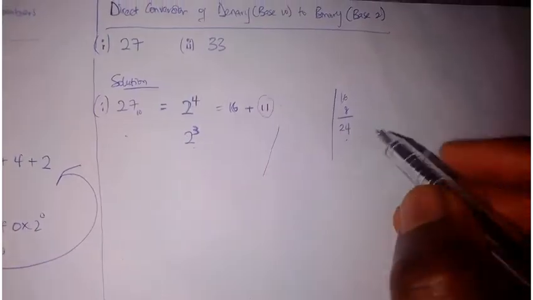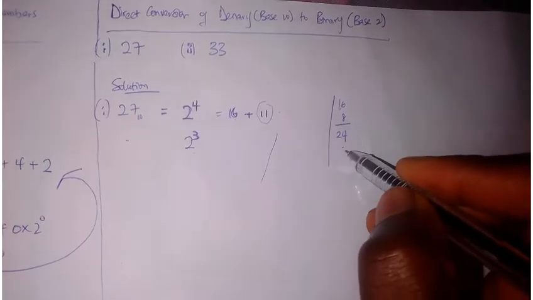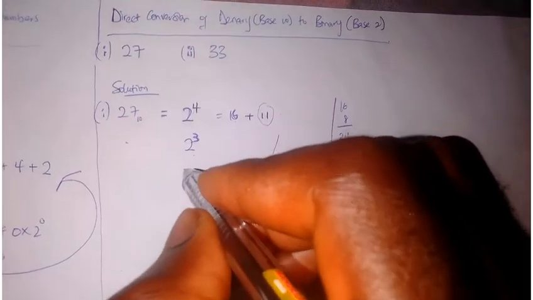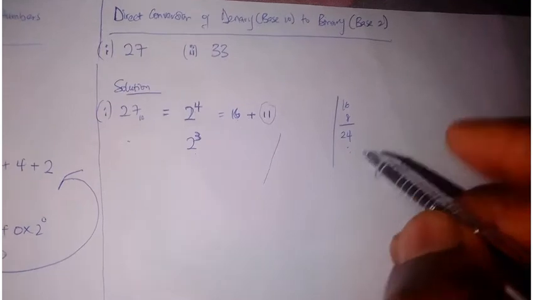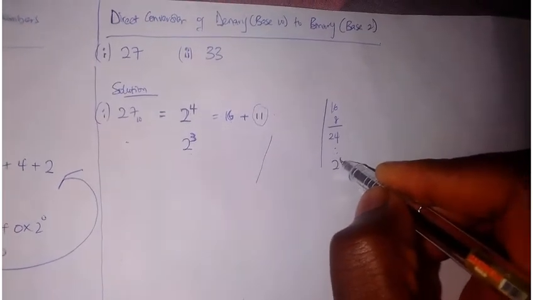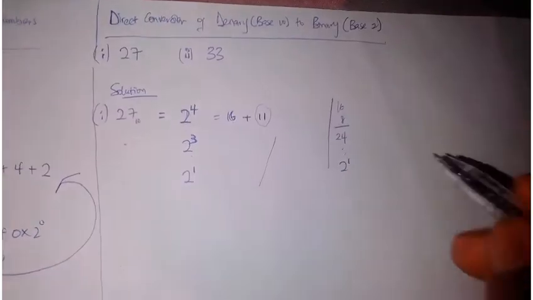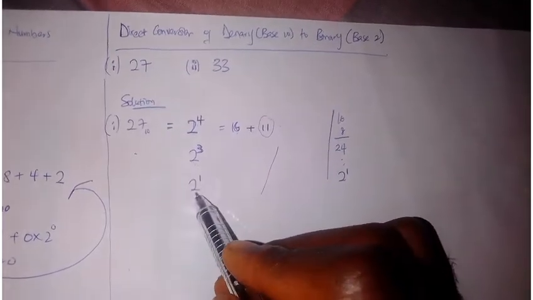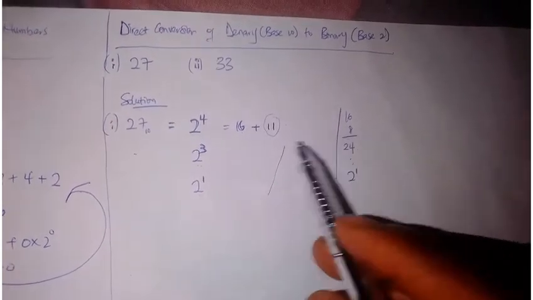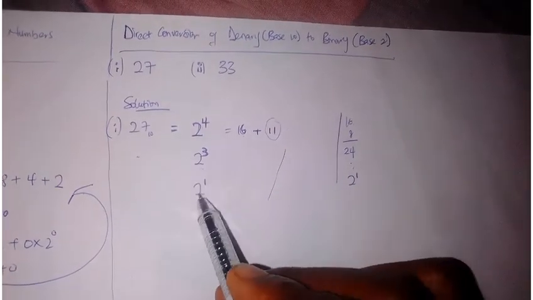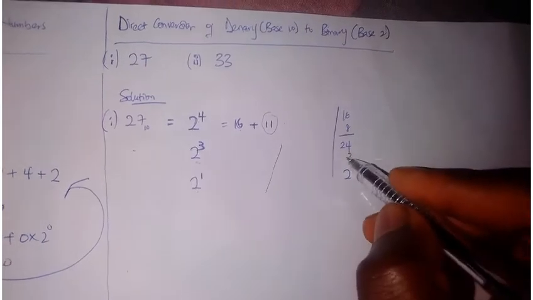Since this is 24, it means that I have 3 more to go to get 27. So 2 raised to power what from the 3 more will give me something in 3? 2 raised to power 1 is 2. So I can write 2 raised to power 1. Now, if I add 2 raised to power 4 plus 2 raised to power 3 plus 2 raised to power 1 together, this is 16 plus 8 plus 2, which gives me 26.